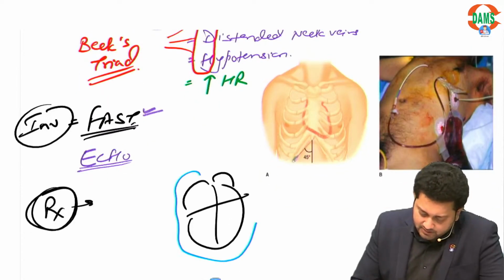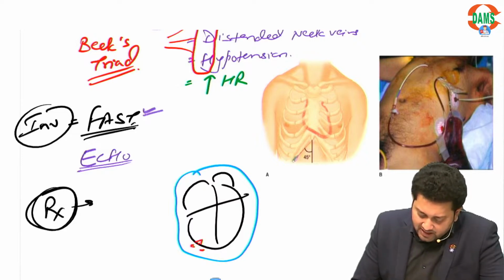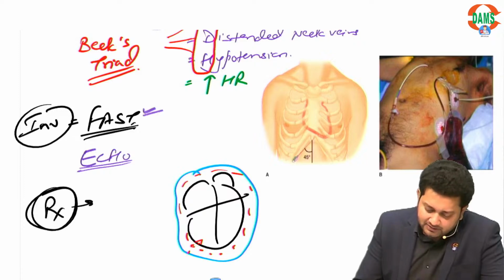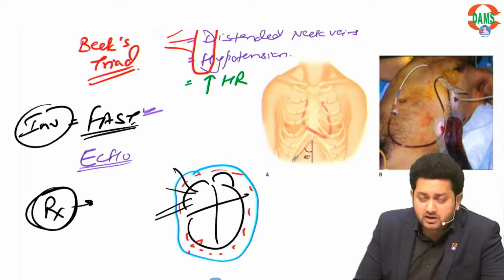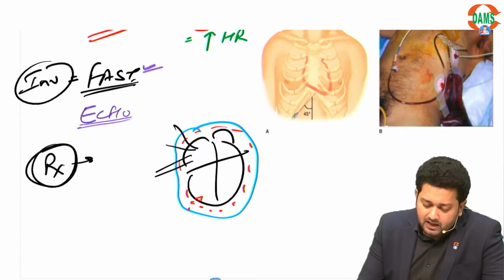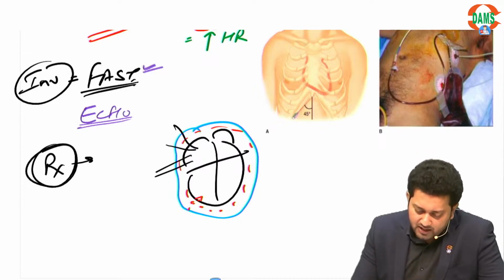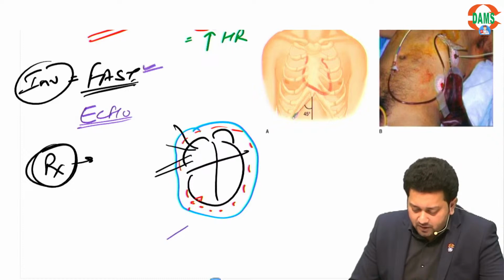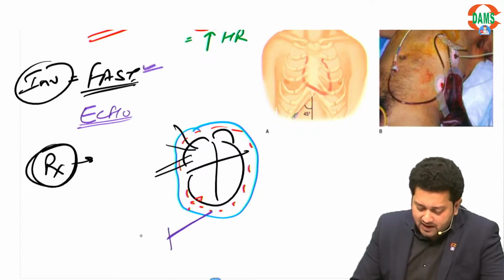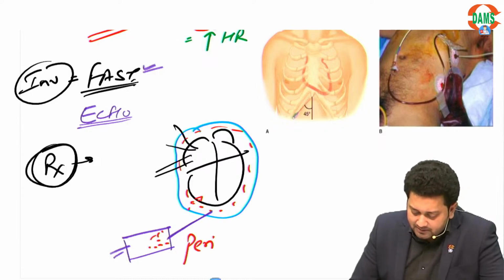Suppose this is the pericardium, and this is where there was injury, and now the blood has accumulated in this, and it was preventing the venous blood from reaching the heart. So as the immediate procedure, you will put a needle which will go into this pericardial cavity and start aspirating the blood. So this is known as pericardiocentesis.